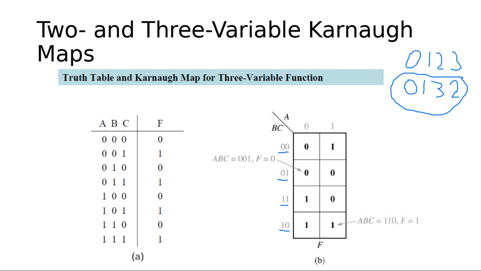Why don't we use 0, 1, 2, 3 and we use 0, 1, 3, 2? Why is that? Do you have any idea?